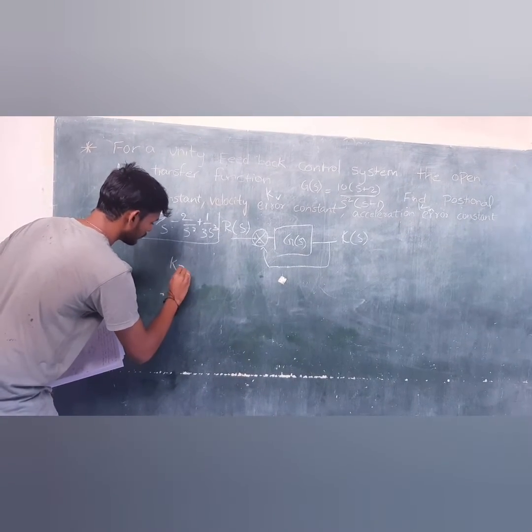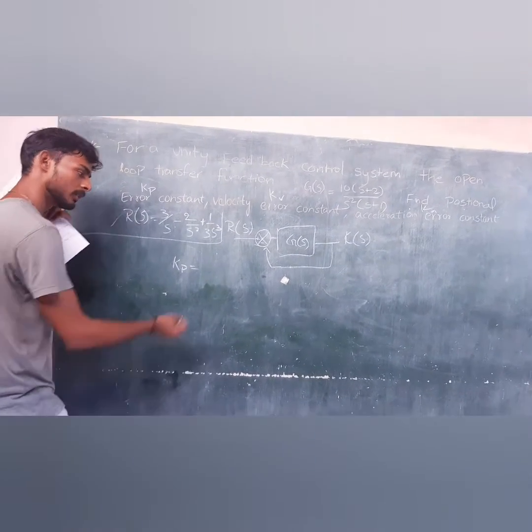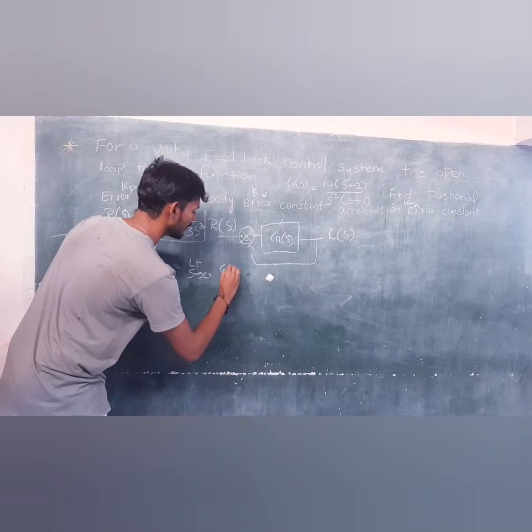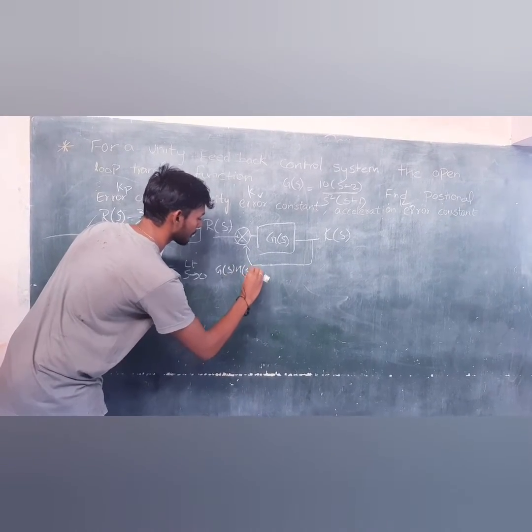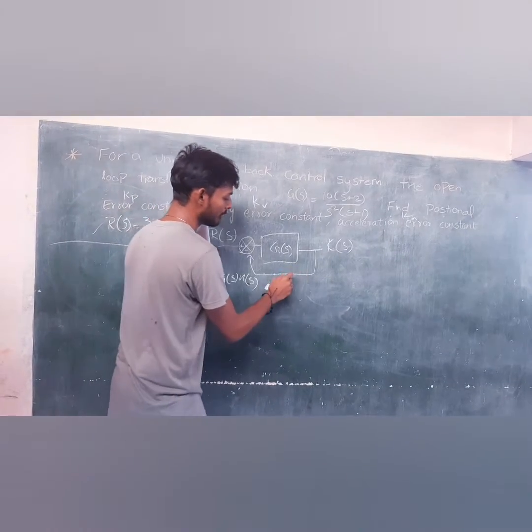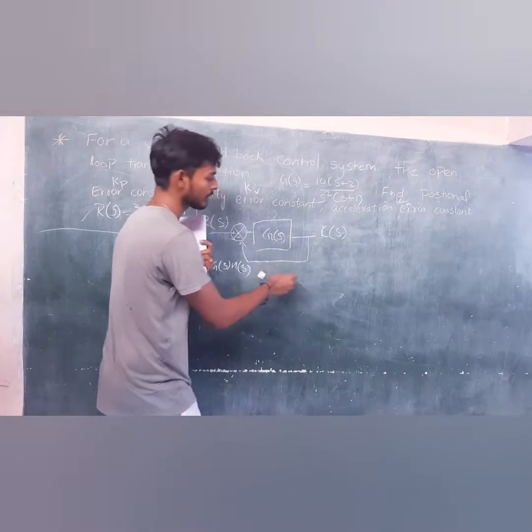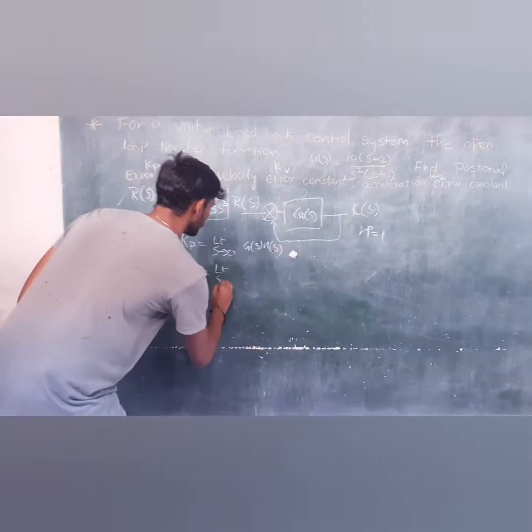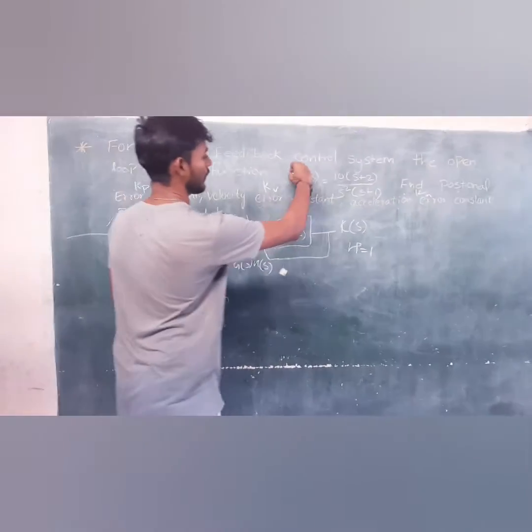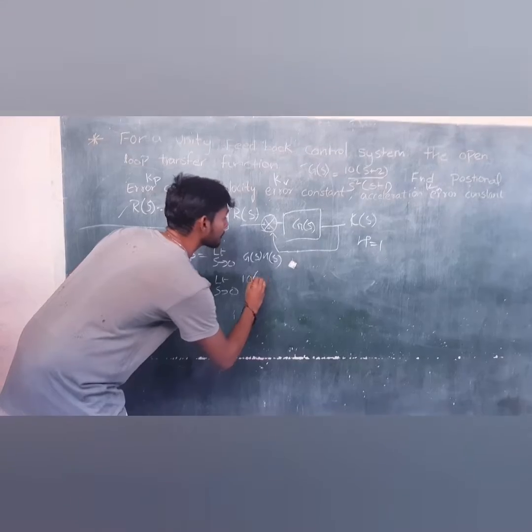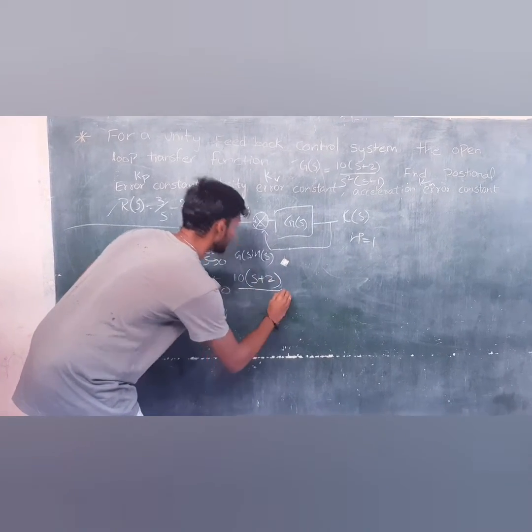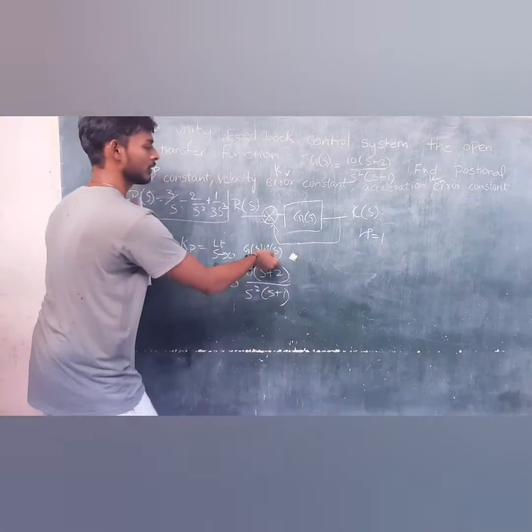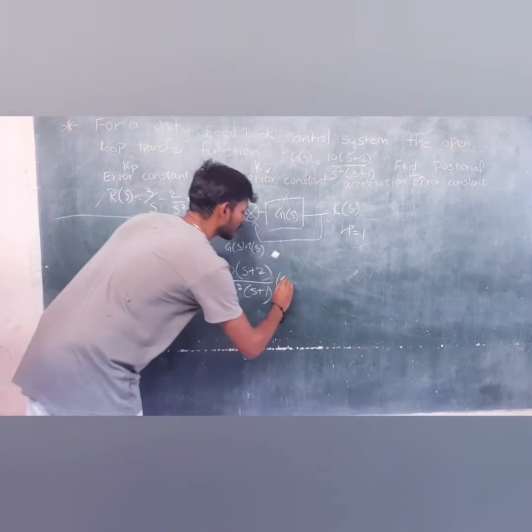Kp is, as you already know, the limit as s tends to 0 of G(s)H(s). We already know that if nothing is mentioned in the feedback loop, H(s) equals 1. So limit s tends to 0, where G(s) is already given here as 10(s + 2) / (s²(s + 1)), and H(s) equals 1.